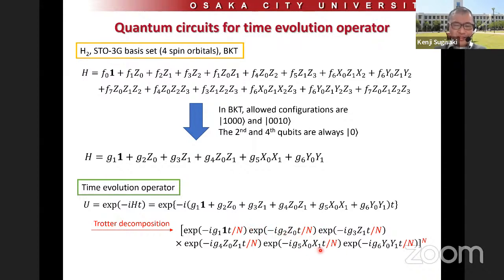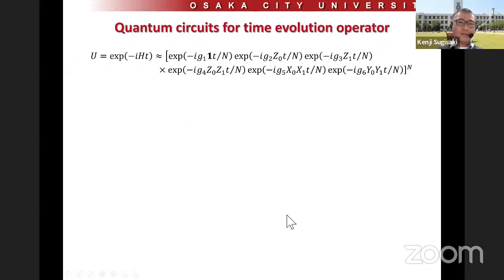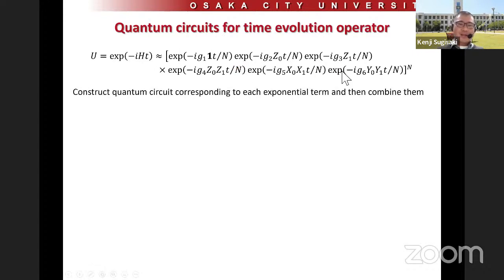So we can easily construct the circuit corresponding to, for example, this term. By applying the Trotter decomposition, the time evolution operator becomes something like this. And we have to construct the circuit corresponding to each exponential term and then combine them to generate the original time evolution operator.